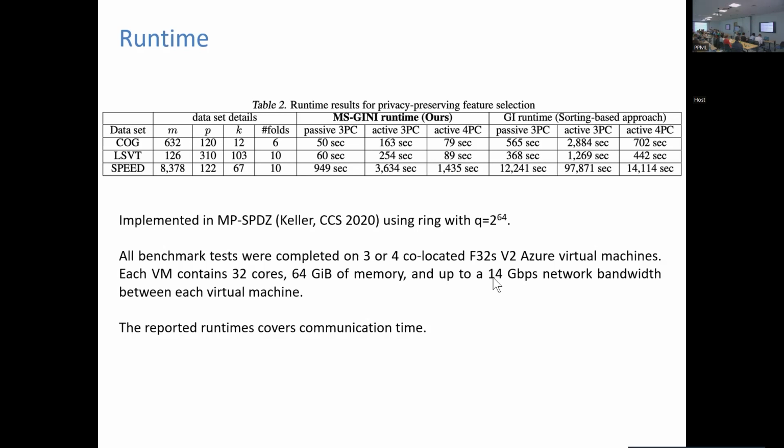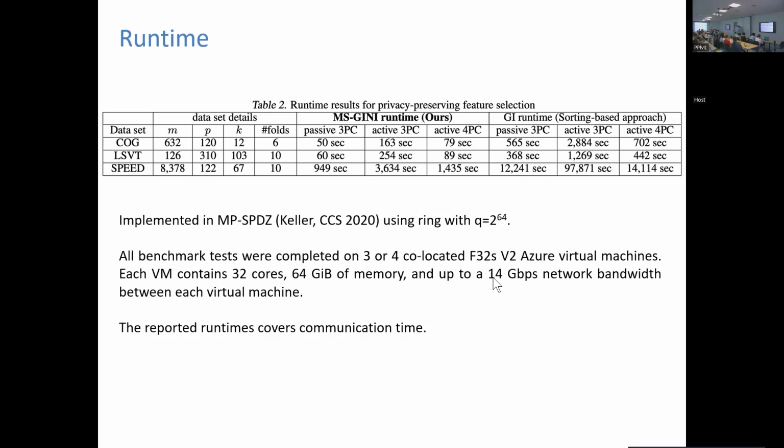And to compare with the original Gini method, we have done the same thing with the original Gini index computation, which requires you to do the sorting and then all these split computations, right? And essentially you save one order of magnitude in all scenarios.